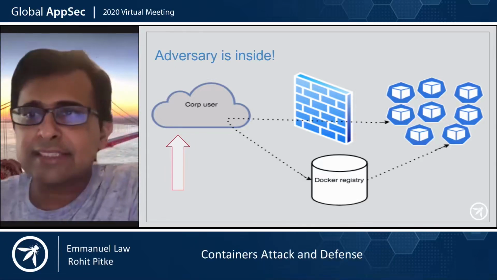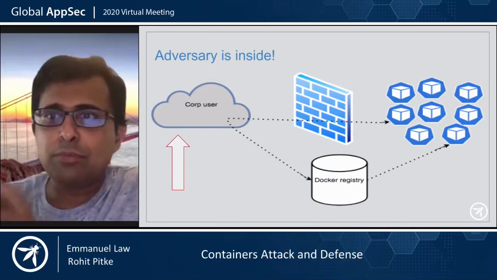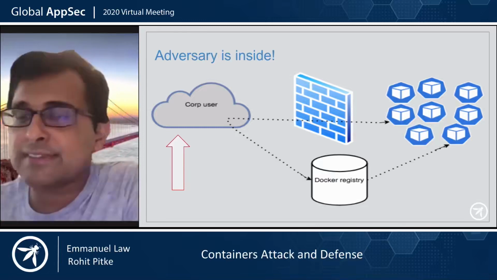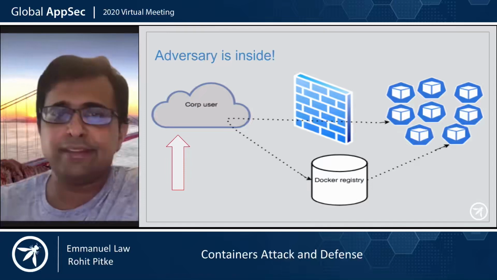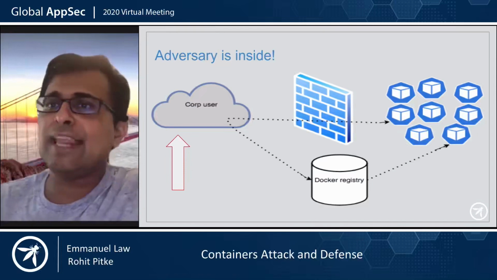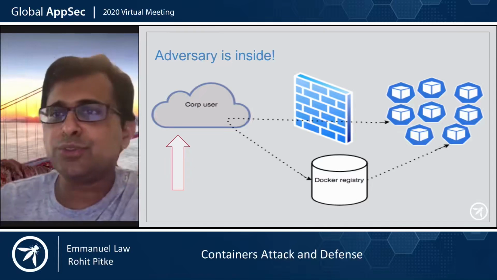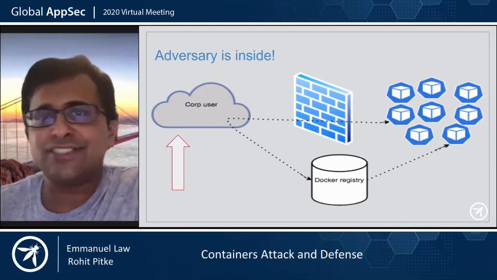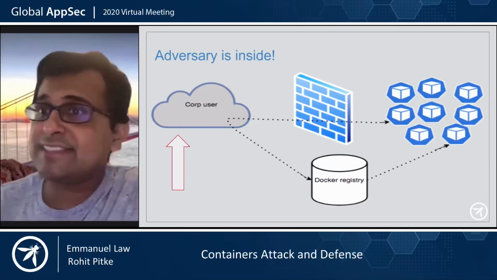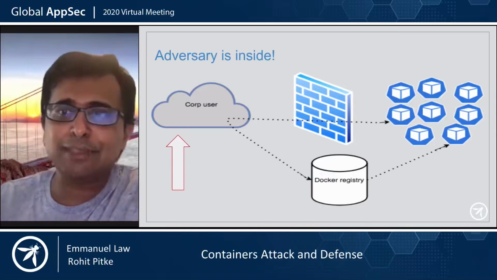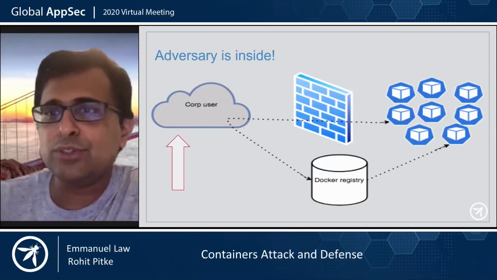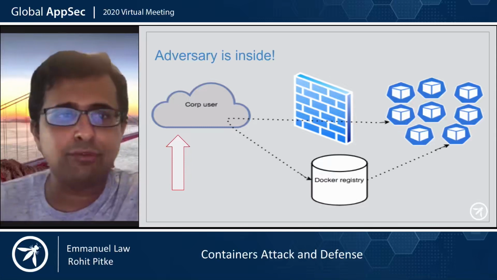Now, as we just saw, in Kubernetes, you have these pods that run a bunch of containers. Now, in order to manage the lifecycle of these containers, you should have some kind of a Docker registry. And security-savvy organizations can have an internal Docker registry, or they could use different cloud services for that.